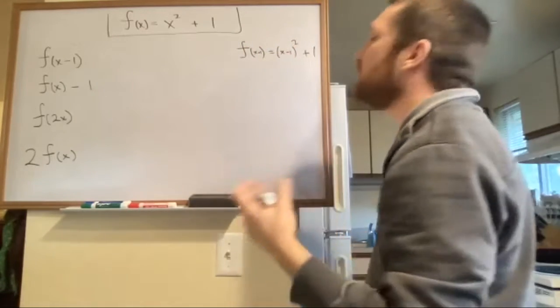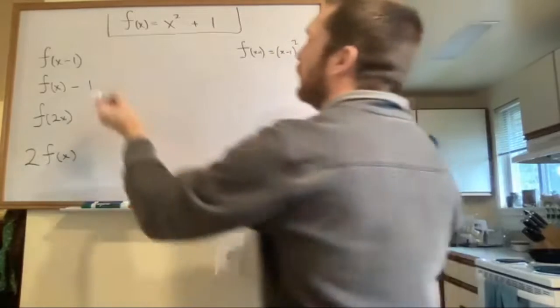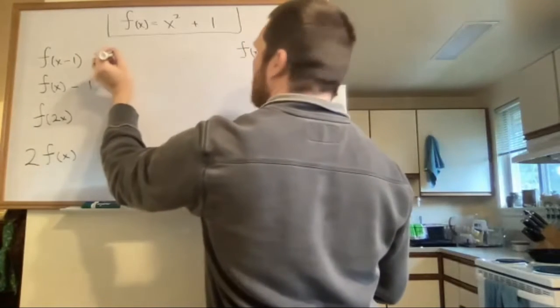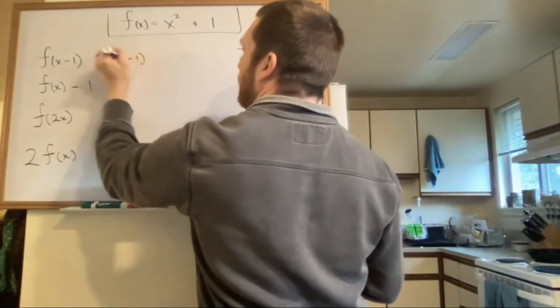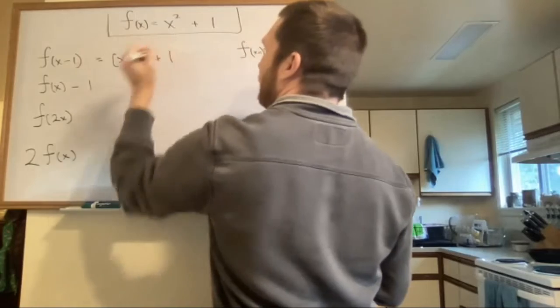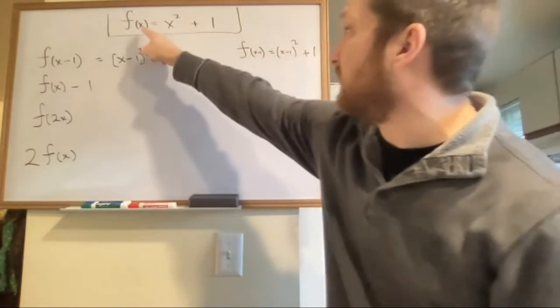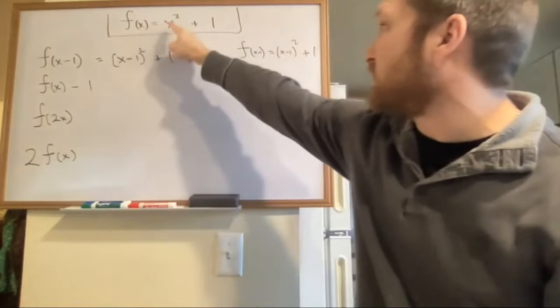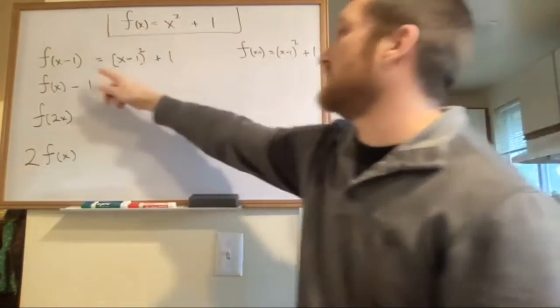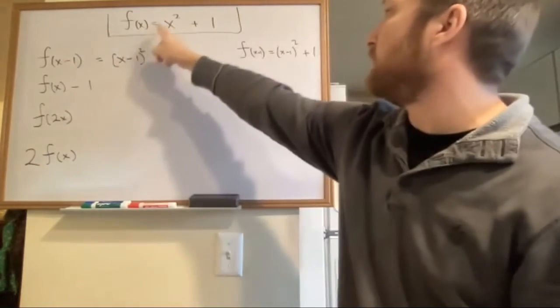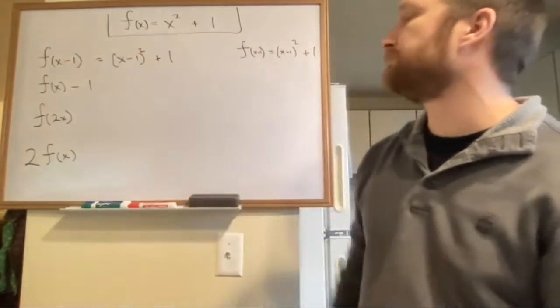And if we wanted to, yes, we could go through and multiply all that stuff out. But really, that's all that means, right? Like if that were a smiley face, I would just replace a smiley face there. Since it's an x minus 1, I just replace that with an x minus 1.